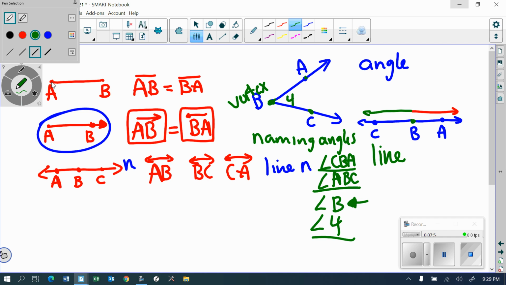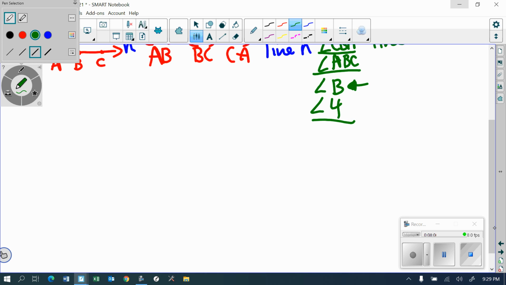All right, next we have markings on a segment. These are called hash marks. If this has one hash mark, this has one hash mark, that means they are congruent.